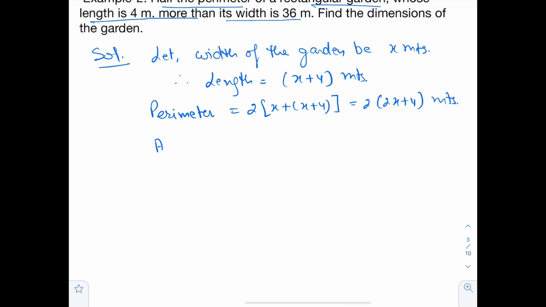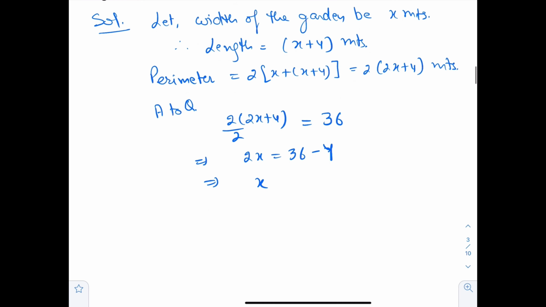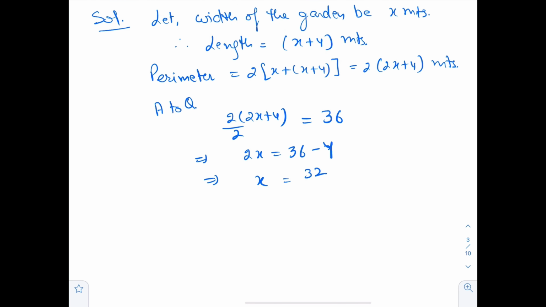Now, according to the question, half of perimeter equal to 36. This is given. This implies 2x equal to 36 minus 4, or this implies x equal to 32 upon 2, or x equal to 16.